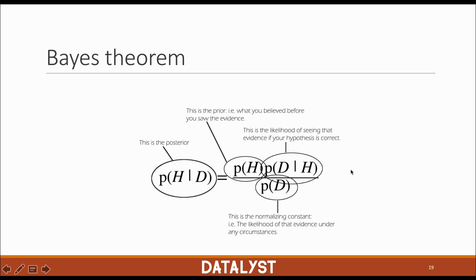This is the likelihood of that evidence under any circumstances. That is, what's the probability of observing this data under any circumstances, whether it's spam or ham. In essence, in our calculations, we treat this as a normalizing constant, which means this is a number used to divide the expression up here in order to make sure that it's between 0 and 1, because this needs to be a probability.